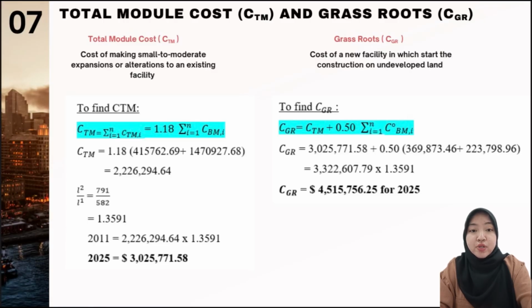So the total is 3,322,607.79 times 1.3591. So the total of CGR is 4,515,756.25 for 2025. Okay, that's all from me on how to find CTM and how to find the CGR.